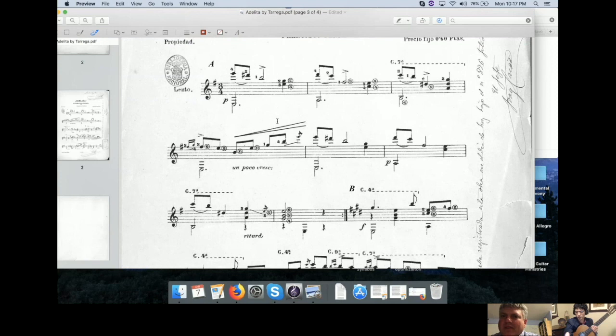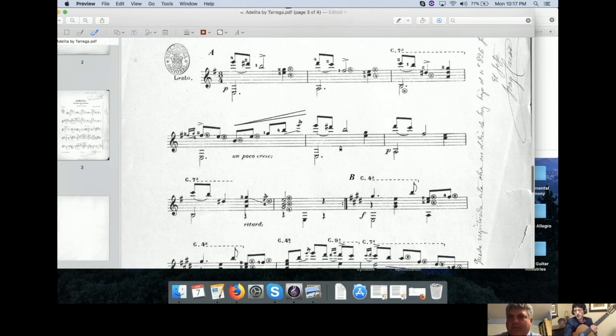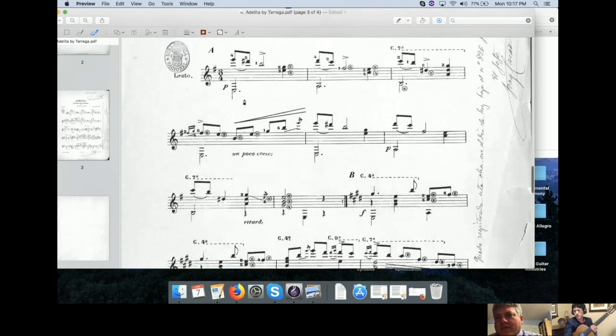The common thing, part of what's important about form, is to have contrast. So the B section contrasts the A section, and the easiest way to do that is with modulation, changing key. So in this case, it starts out. Do you know what keys the A section and the B section are in?